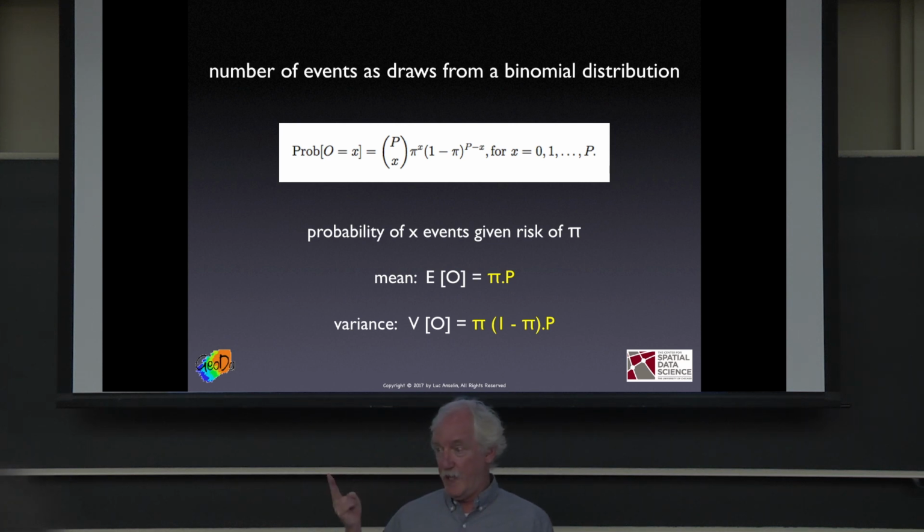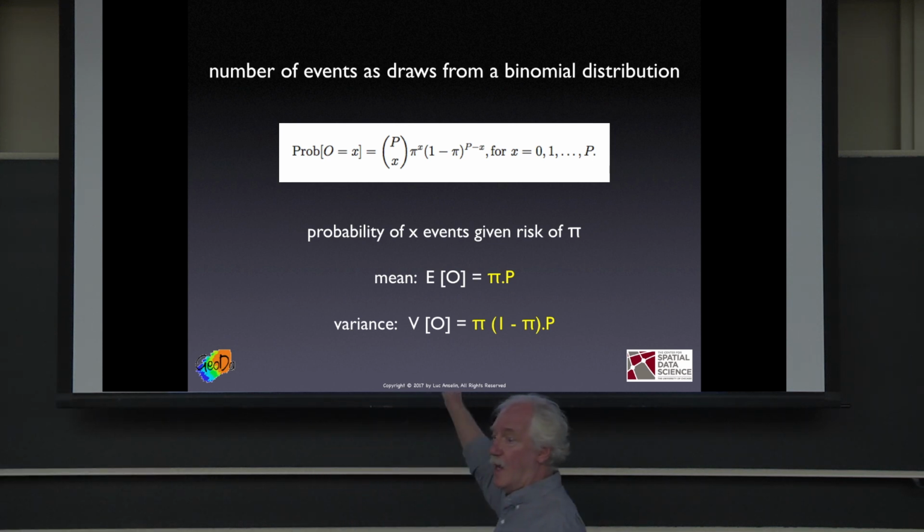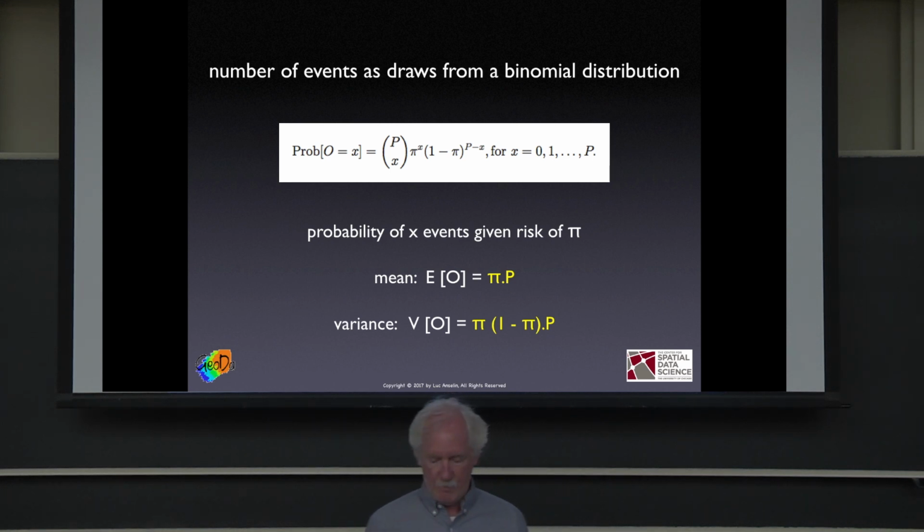They depend on two things: underlying probability pi, the other one is the population. Right? So it's the same thing. If the probability is 0.1, and you have a population of 100, how many events can you on average expect? 0.1 times 100 is 10. That's what this means.